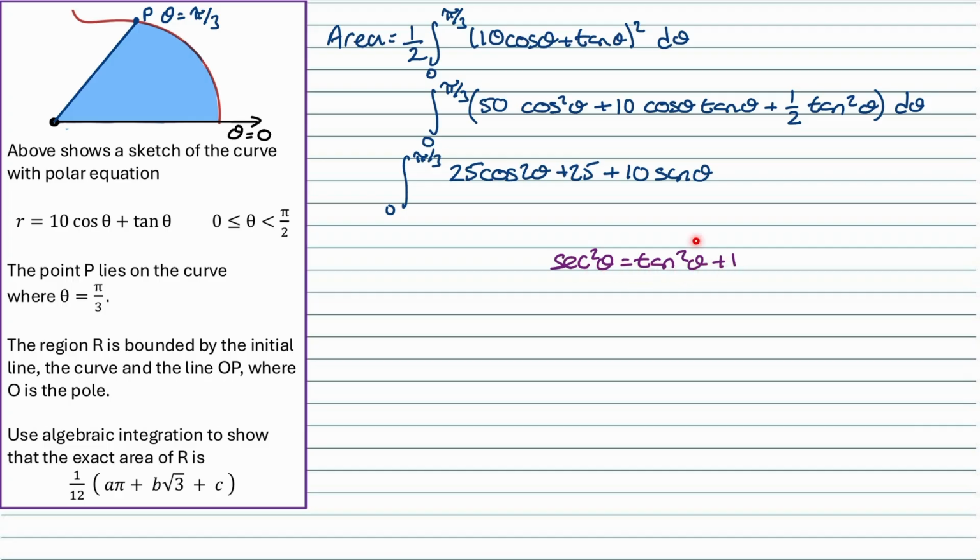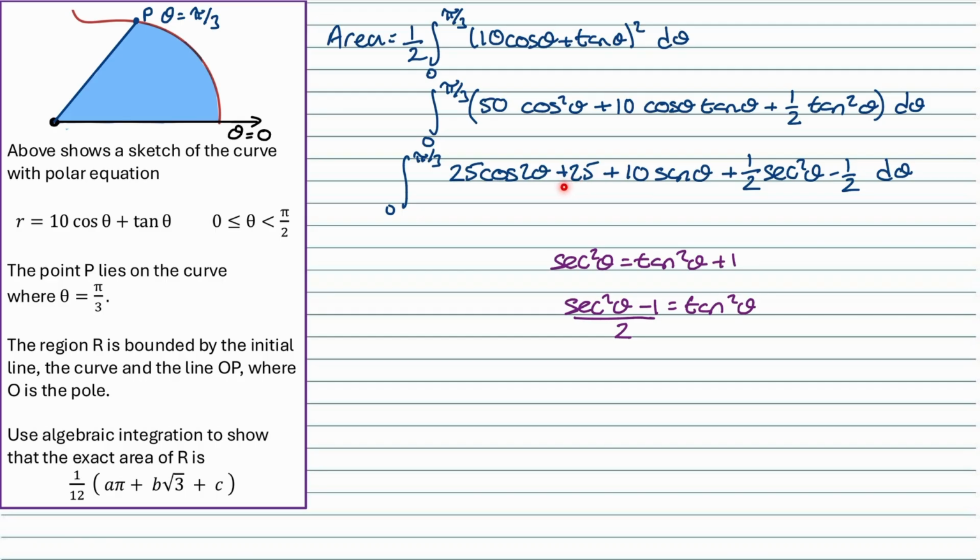So we'll take away the 1 from both sides, so tan squared theta will be sec squared minus 1. And now we need to multiply this by the half, and this half here. So if we divide that by 2, I'll substitute this back into here, and this is all integrated with respect to theta.